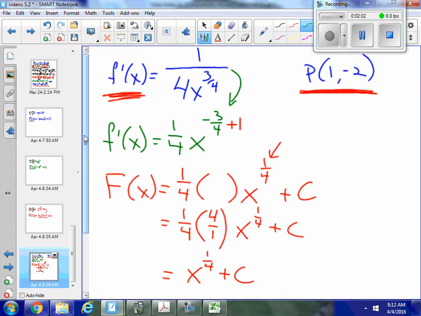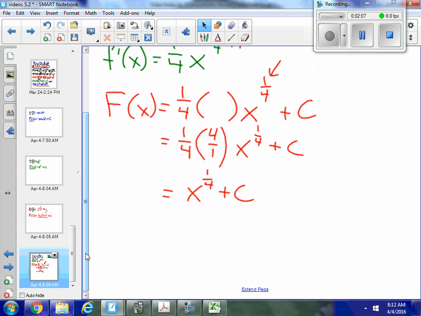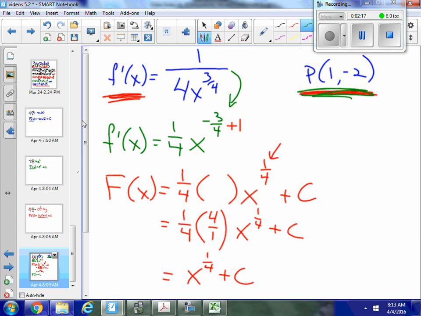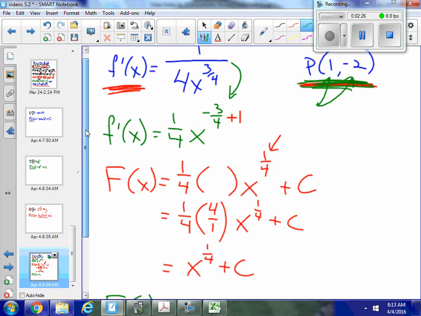Now, one thing I know, because I've been given this point right here, is I know that big F of 1 is going to equal negative 2, because I have the point (1, negative 2). In the function, it says it's in the function, so if my x is 1, my y is going to be negative 2.